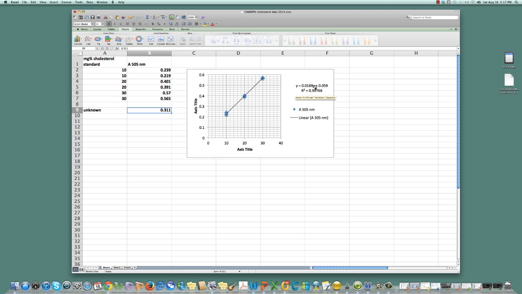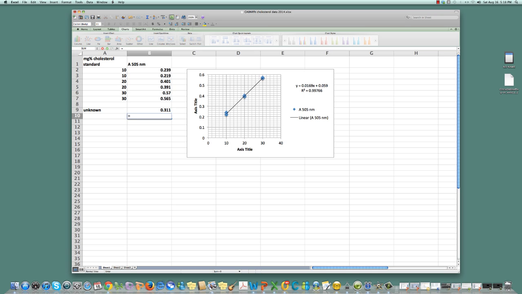Now we can actually do this in Excel. Excel allows you to do some kind of simple calculations. So to do that, we take another cell, and in that cell we type equals. And this then allows us to enter a formula.